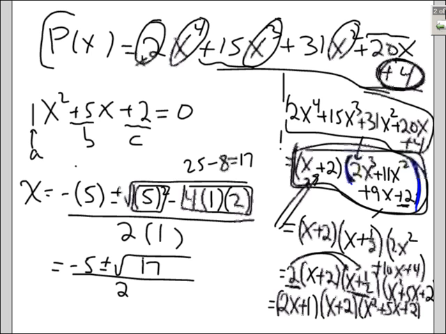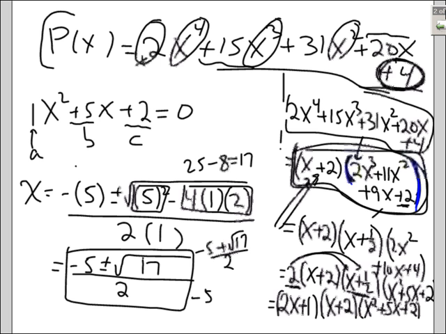Now, what if the instruction said to find the zeros? So we found the zeros. Here are 2 zeros right here. Remember, what's in that box is 2 numbers, one being negative 5 plus the square root of 17 over 2, and negative 5 minus the square root of 17 over 2.